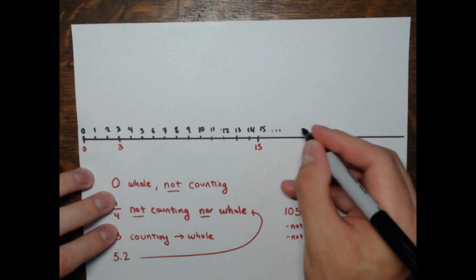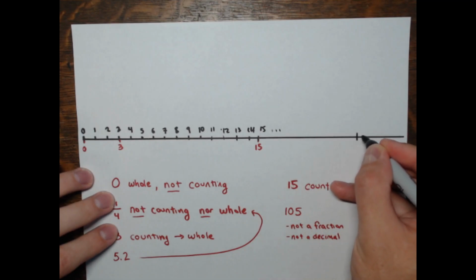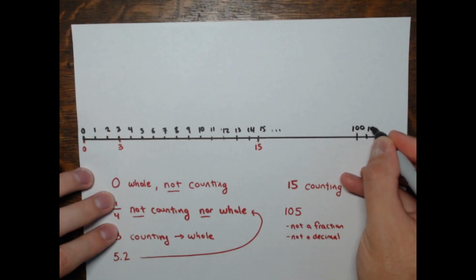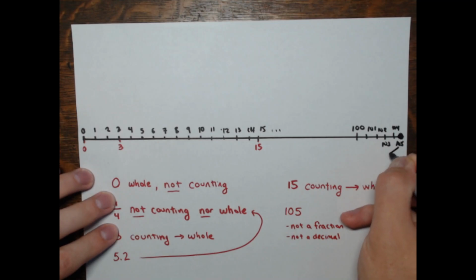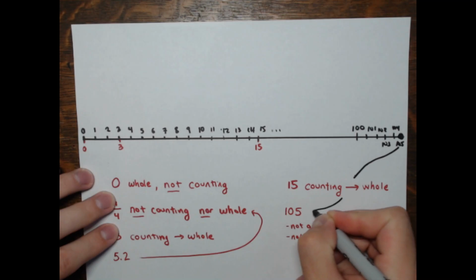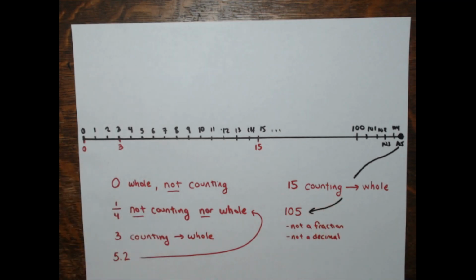And then eventually, way out here, we'd get to 100, then 101, 102, 103, 104, and 105 is indeed a whole number and a counting number, right? It is a counting number and therefore a whole number.